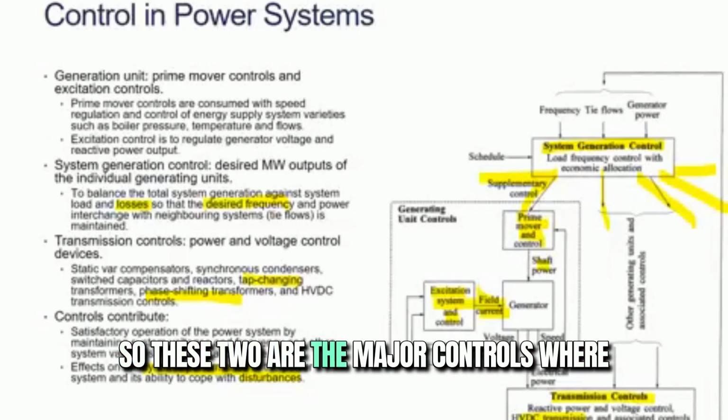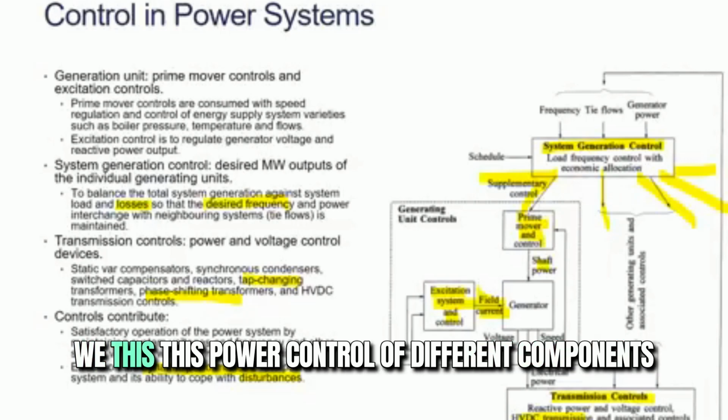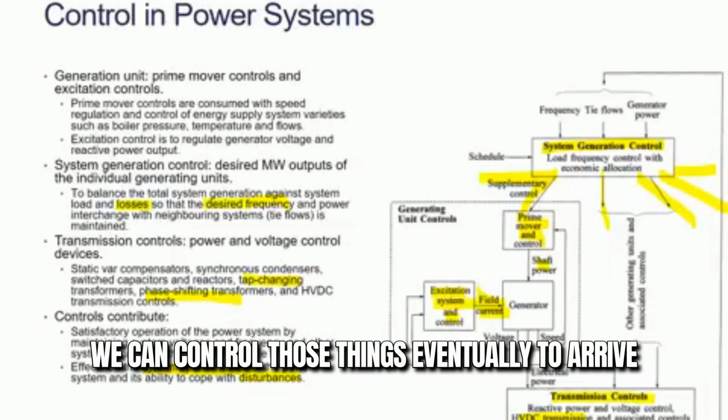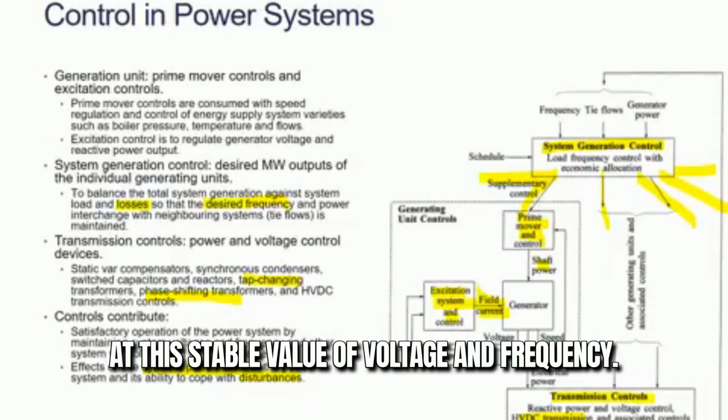So these two are the major controls where we can control the different components, variables or equipments connected across the network, eventually to arrive at a stable value of voltage and frequency.